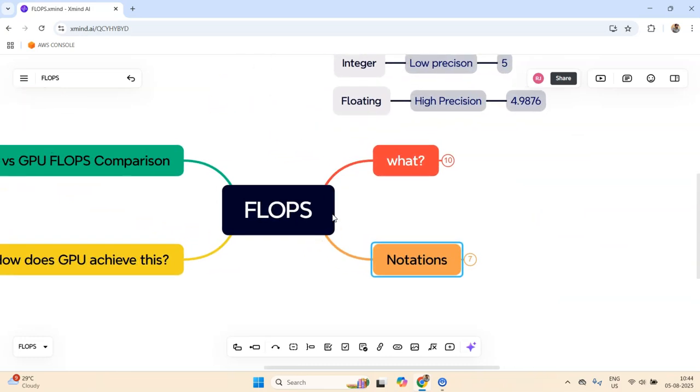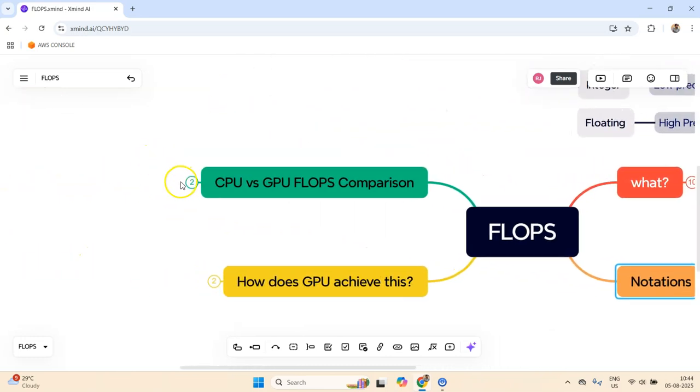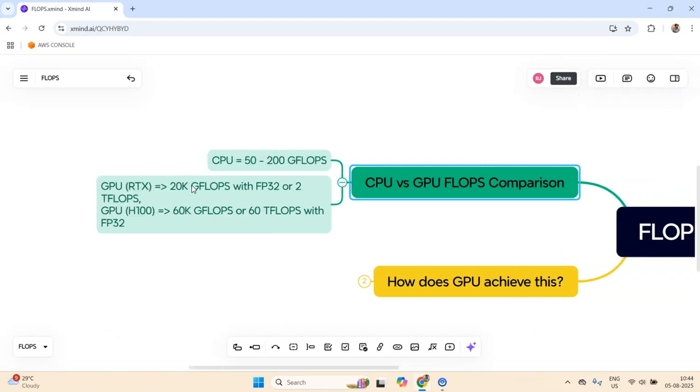Now let's compare a CPU and a GPU. For a CPU, you can do a quick simulation and test on your own laptop. A CPU can do about 50 to 200 gigaflops, which means billion flops per second.